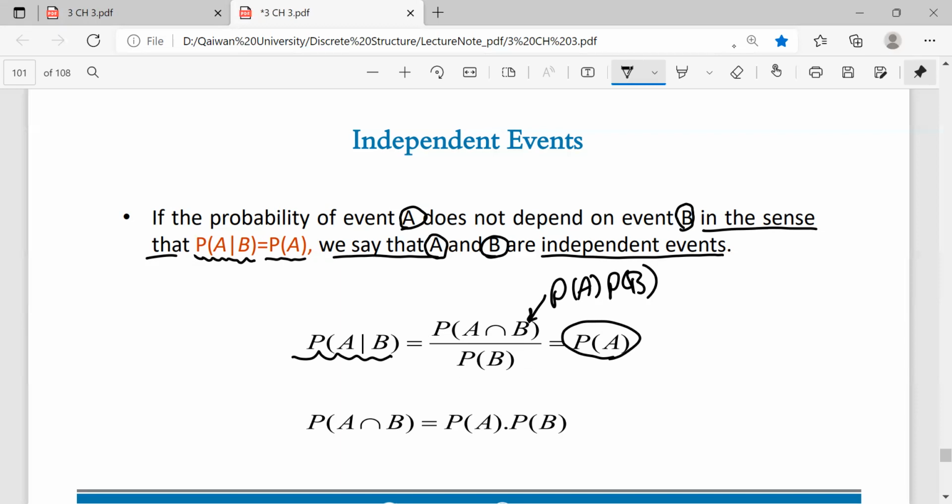There is no intersection between these two events. So the probability of A intersection B is probability of A times probability B. Here, probability B and probability B cancel out. So what's left? Only probability of A. That means probability of A given B equals probability of A.